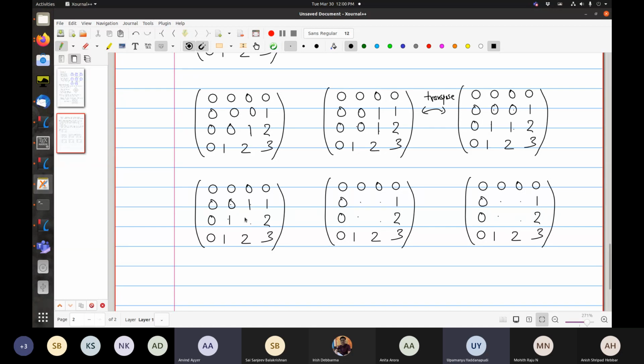Yes. I think Upamani is correct. Yes. 0, 1, 1, 1. Yes, this should have come before. These two are symmetric, so no need to transpose them. What else? All ones. Yes.